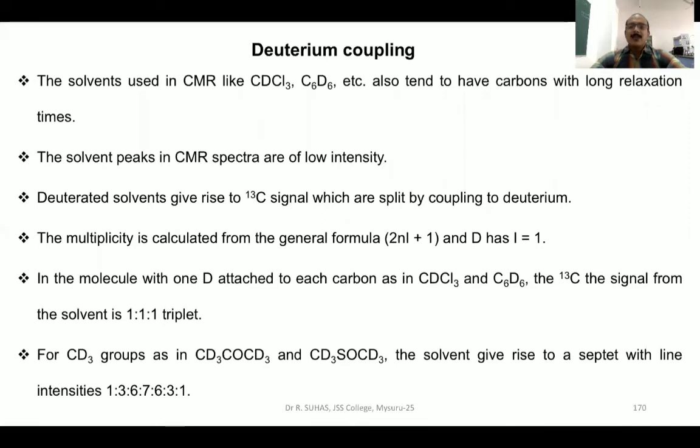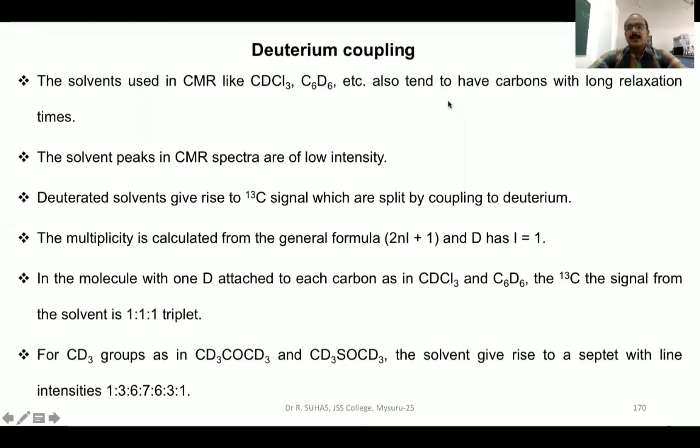Whereas in carbon NMR, that is not possible, because even if you deuterate the solvent, for example CDCl3 or C6D6, this is benzene, this is chloroform, where H is replaced by D, we still have carbon, and this carbon cannot be replaced by any other element or isotope.